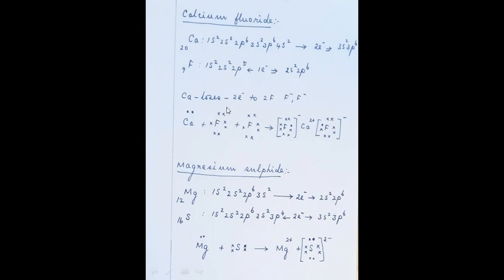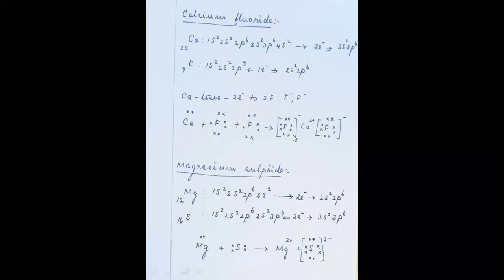So I take 2 fluorine atoms, each with 7 electrons in the outermost shell, whereas calcium is with 2 electrons. One of these 2 electrons goes to one fluorine atom, and the other electron goes to the other fluorine atom, and the compound is formed like this: calcium 2 plus, F minus and F minus.